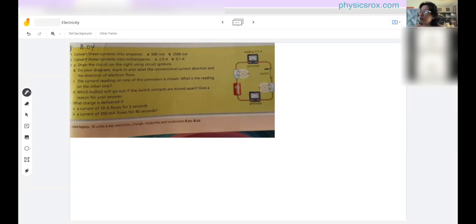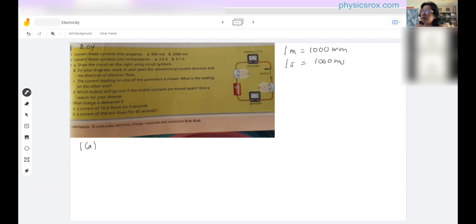If you know milli, you must remember what it means. For example, 1 meter is 1,000 millimeters. So for question 1A, 1 second is 1,000 milliseconds.